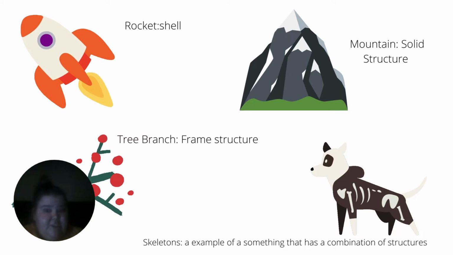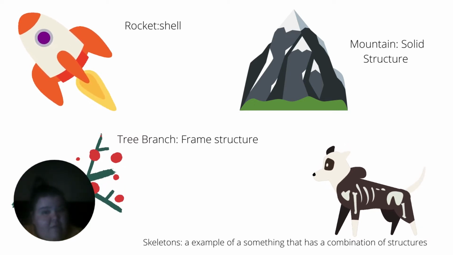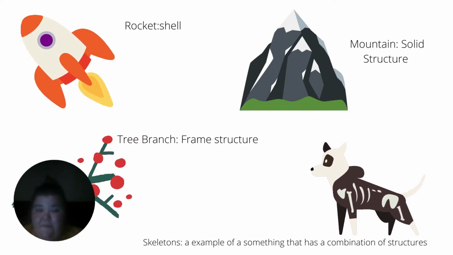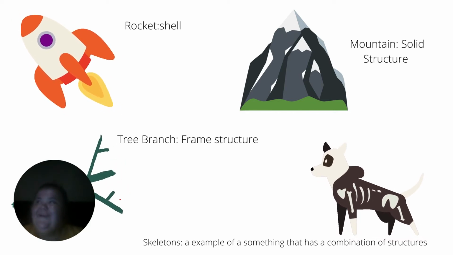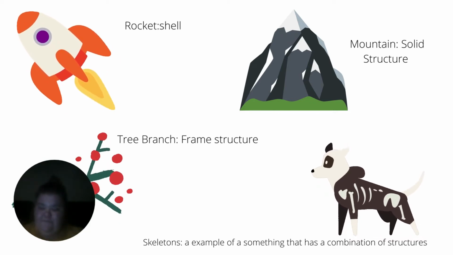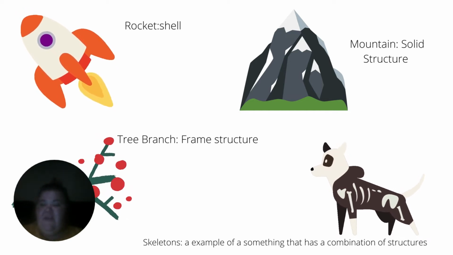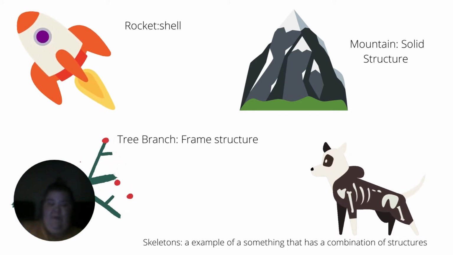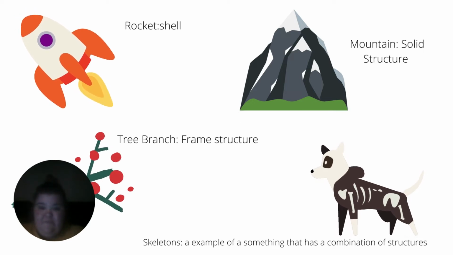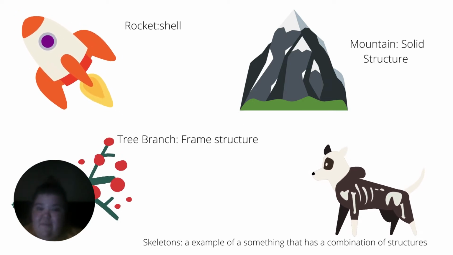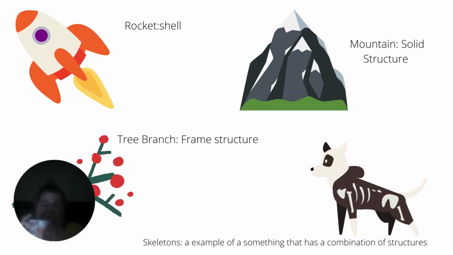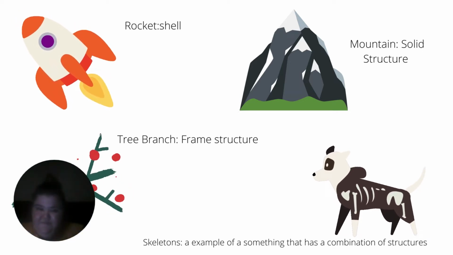And although my picture does show grass and snow, it's still a solid structure because the snow is on top. Just because I fill this mug with cement doesn't make it a solid structure. It makes it still a shell. It is a shell holding cement.